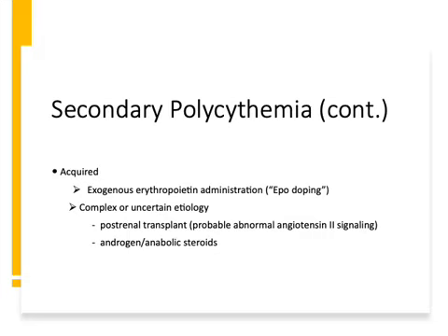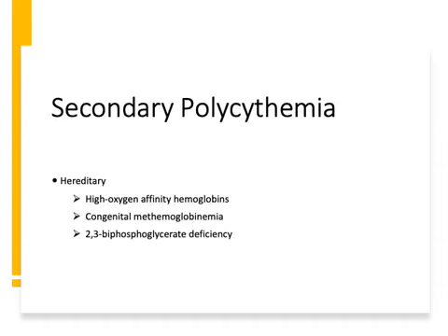It could also be secondary to exogenous erythropoietin administration, commonly seen in long-distance runners, as well as secondary to post-renal transplant or the use of androgens and anabolic steroids. Rarely, secondary polycythemia may be due to high affinity hemoglobin that leads to a decreased delivery of oxygen by the red cell to the tissues, stimulating more red blood cell production.